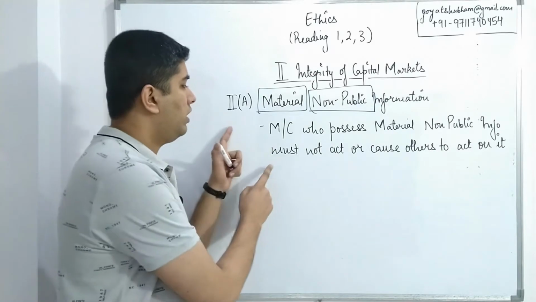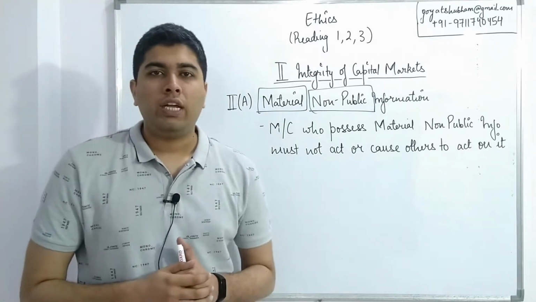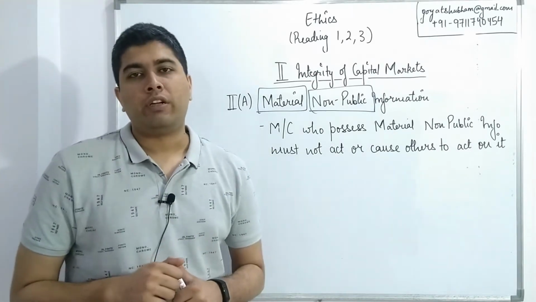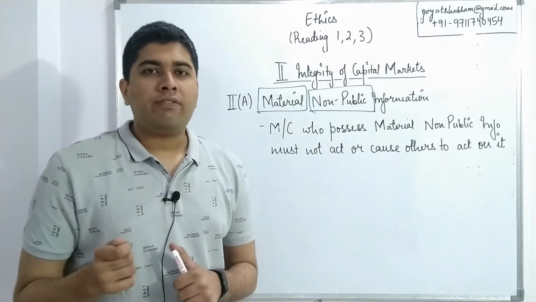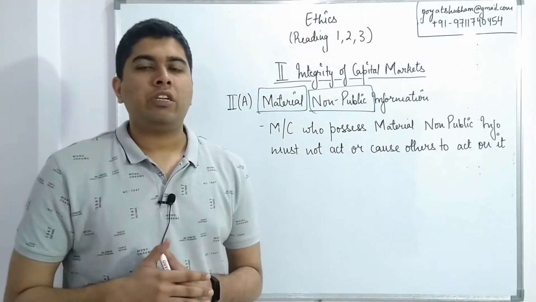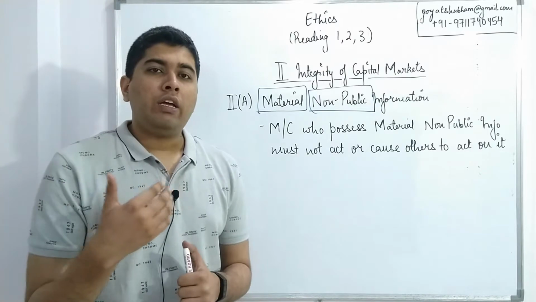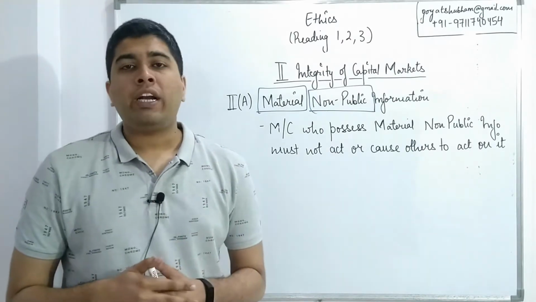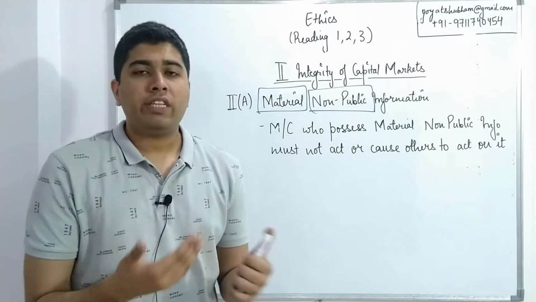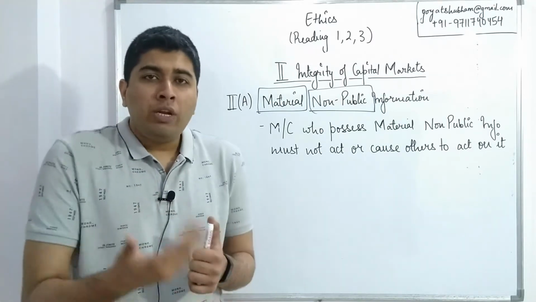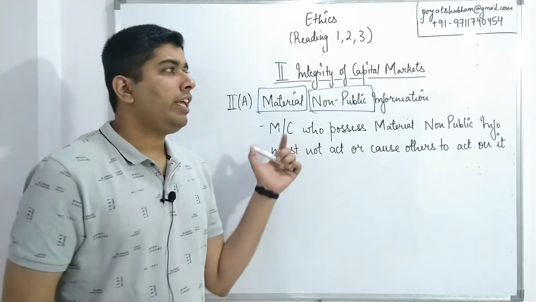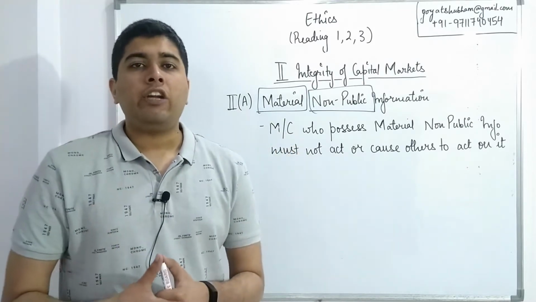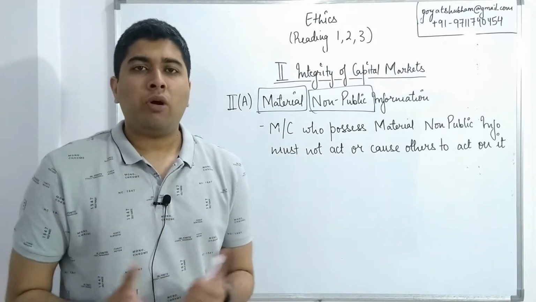Now, as far as this language goes, there is one inherent complication here. What if I get that information in the course of my normal business? As a CFA professional in the future, you might have a case where you're working with clients, and at times you will be receiving some sort of material information from the client in order to make sure that you're able to work properly.